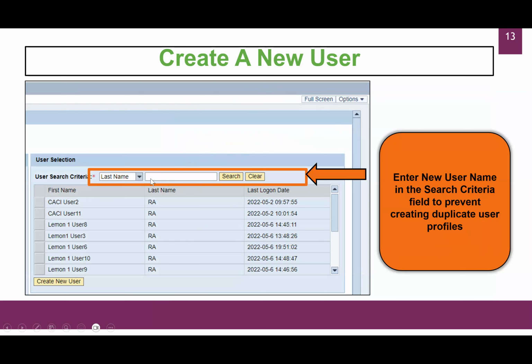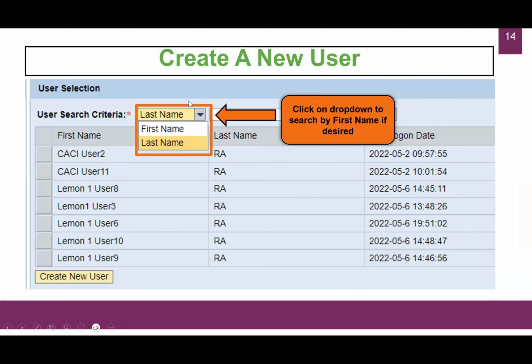Okay. And so then you're going to come to this section and you're going to enter a new username in the search criteria field to prevent duplicating user profiles. And you can search by first name or last name. So you just click on that drop down menu.